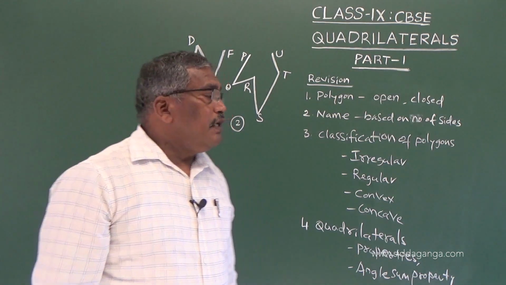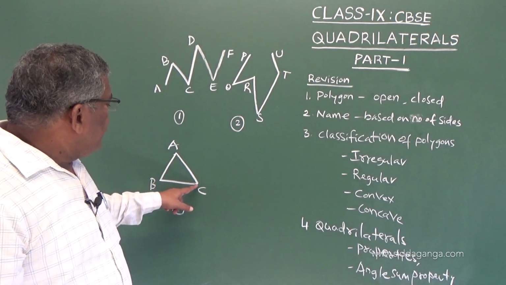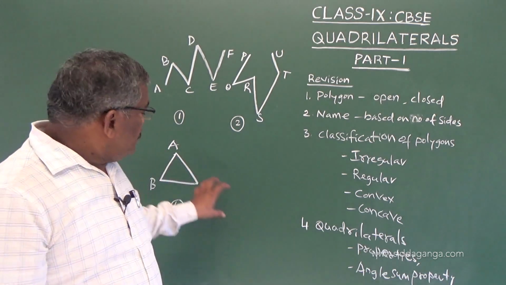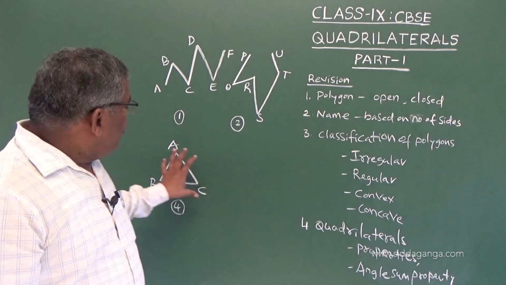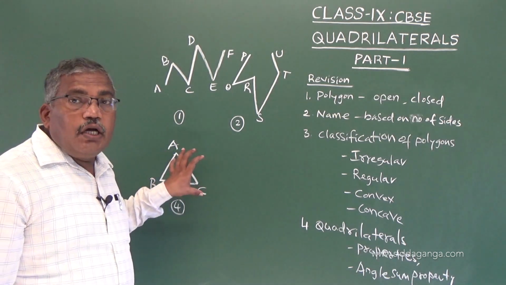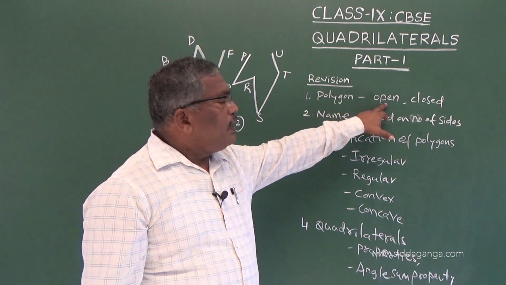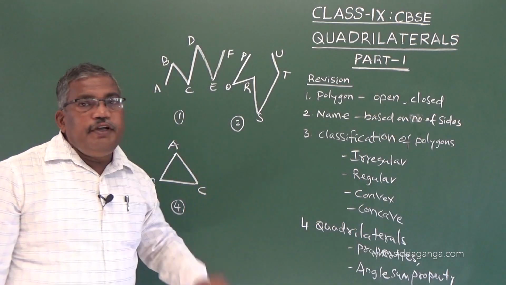The difference here in figure 4, the starting point and the end point, they joined together. So this is a closed figure. We call it a closed polygon. A polygon may be open or it may be closed. So this is the meaning.